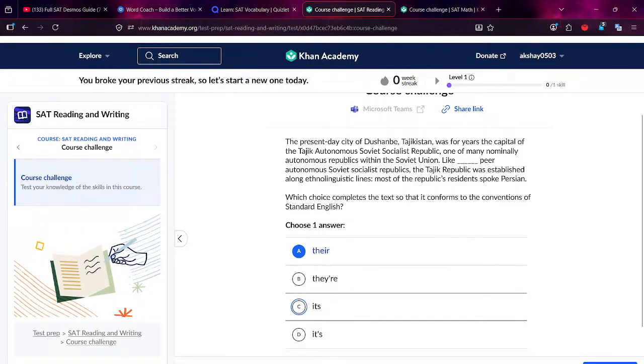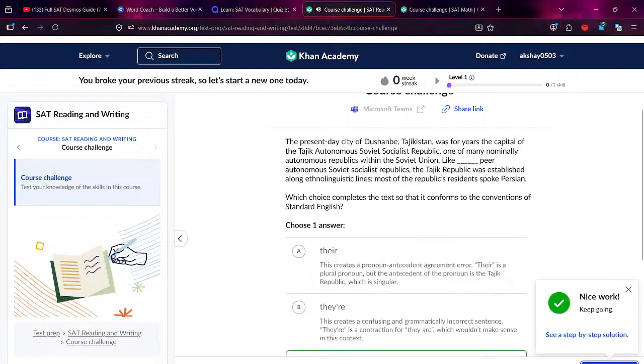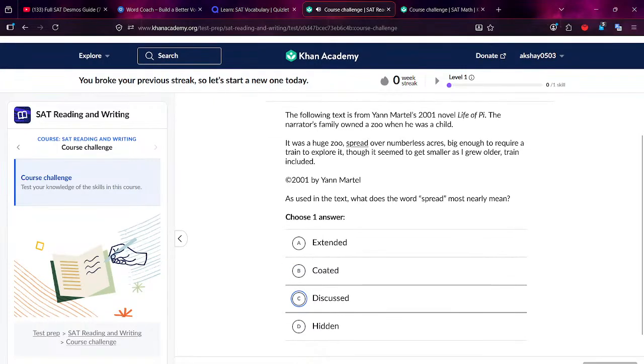So we need to talk about if it's or but it's not, it is. So it's gonna be either there or it's. So the present day city, the city was the capital of the Soviet Union. Because we're talking about a city, we're talking about its.